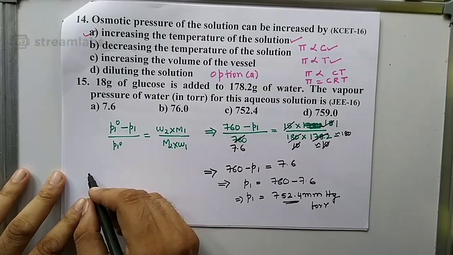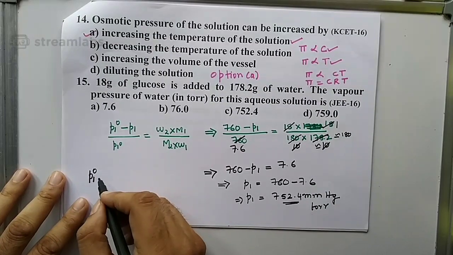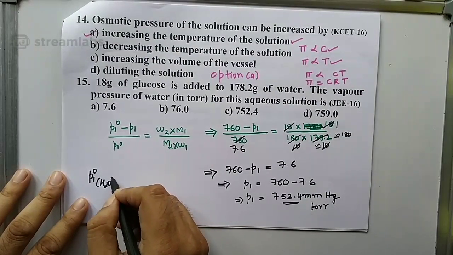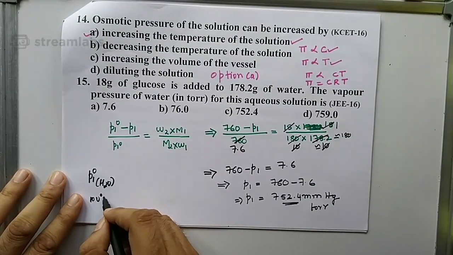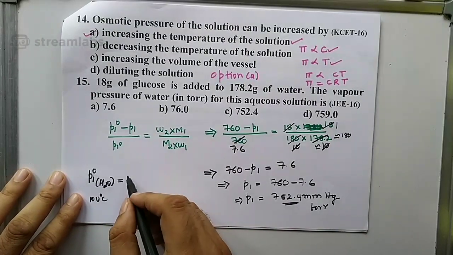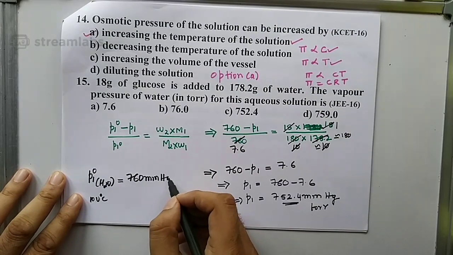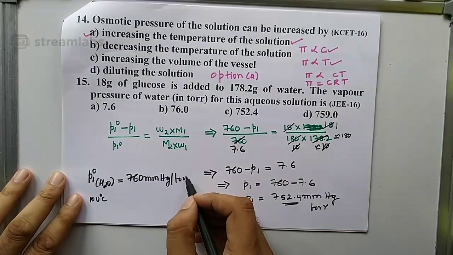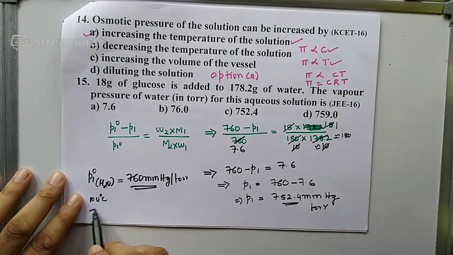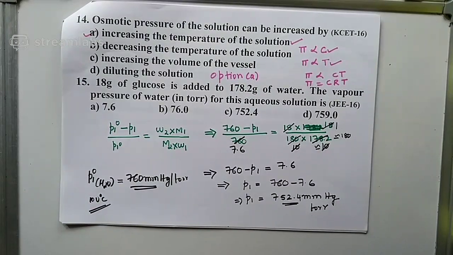One very important thing you need to know is that P1 naught of water at 100 degrees Celsius is equal to 760 millimeter of mercury, or torr. Unless you assume that this is at 100 degrees Celsius, you cannot solve this problem.